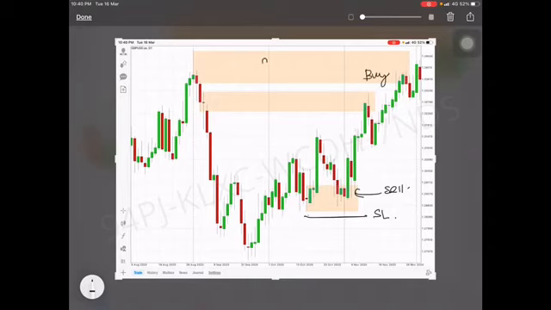This is a sell zone, but you entered for buy. So your SL should be below the box. Like that, okay? Is it clear to you?